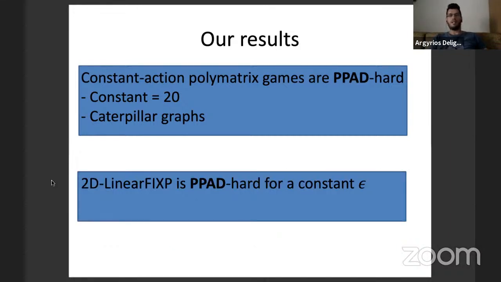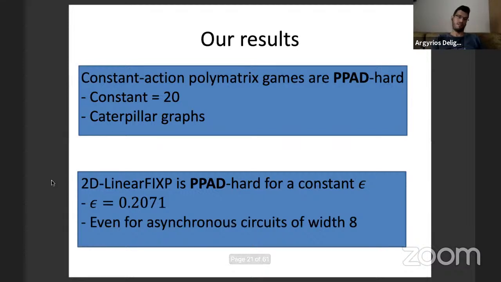Another interesting result is that we showed that finding an approximate fixed point for two-dimensional piecewise linear functions is PPAD-hard. And this is a nice result because we show that even for epsilon 0.2, it is hard.